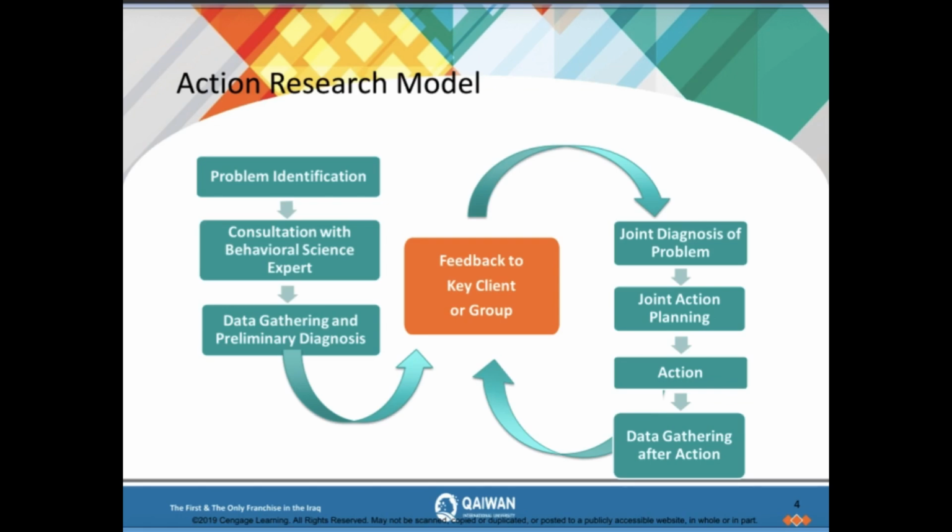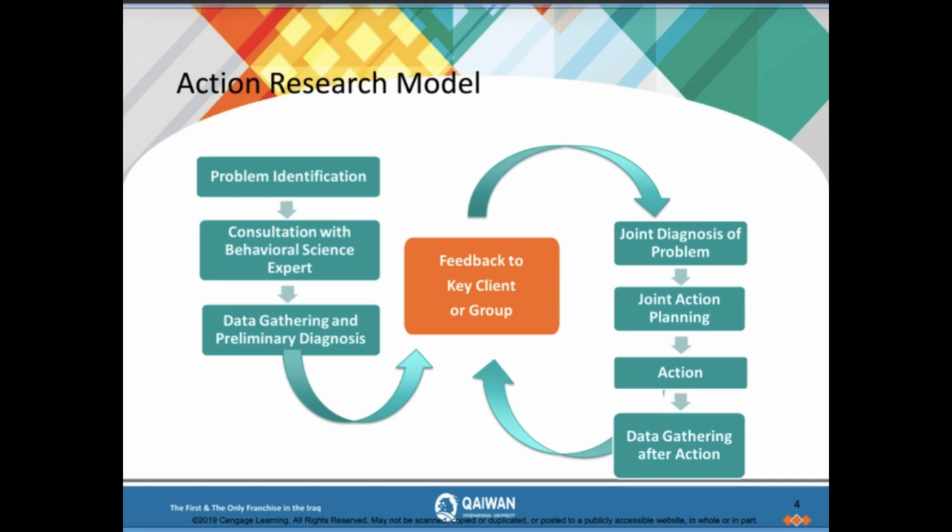And then next is feedback to the key client or group, meaning that we share the findings with the people involved, such as managers or students or groups, so they clearly understand what is happening. And we have something very important, which is the joint diagnosis of the problem. The word joint means both the consultant and the organization work together to make decisions, to agree on what the real problem is.